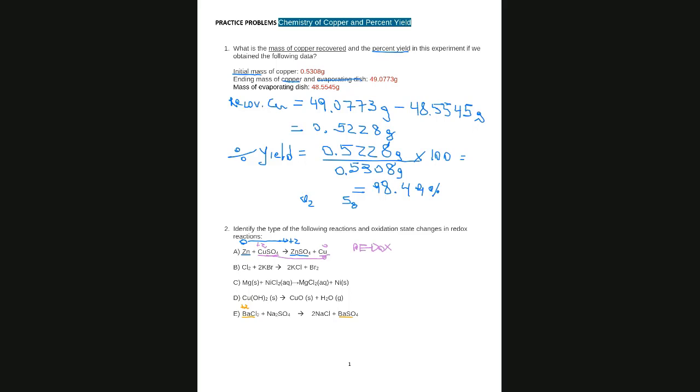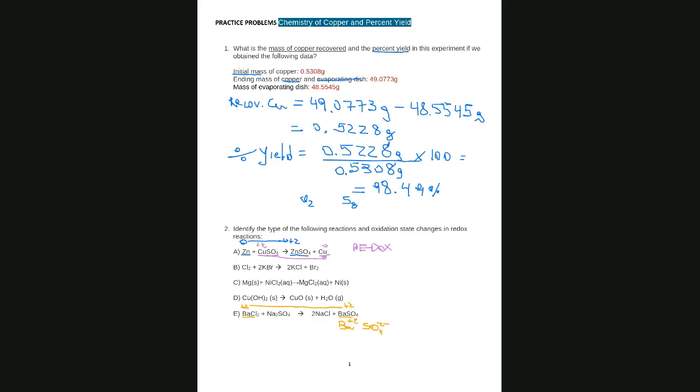Like here we say zinc is 0 on the reactant side because it's not bonded to anything. But the barium is bonded to the sulfate. So what would be the oxidation state here? +2, exactly, thank you. So we have barium +2 and sulfate -2, which means that the barium didn't change the oxidation state, +2 to +2.